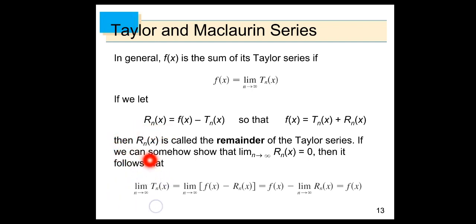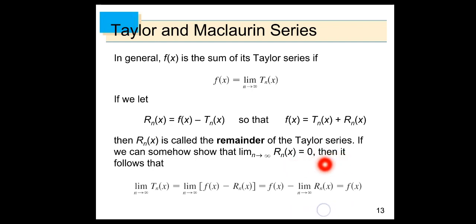And if we can somehow show that the limit of R sub n of x as n approaches infinity is equal to 0, then it follows that the limit of T sub n of x is equal to the limit of f of x minus R sub n of x, which is equal to f of x minus the limit of R sub n of x, which is equal to f of x.